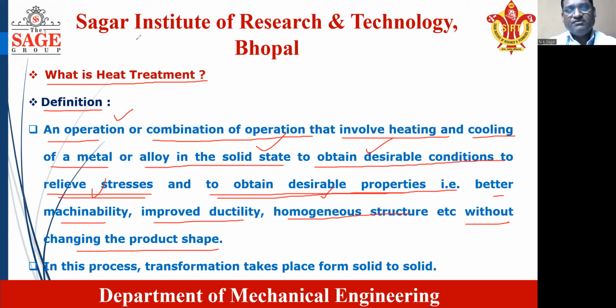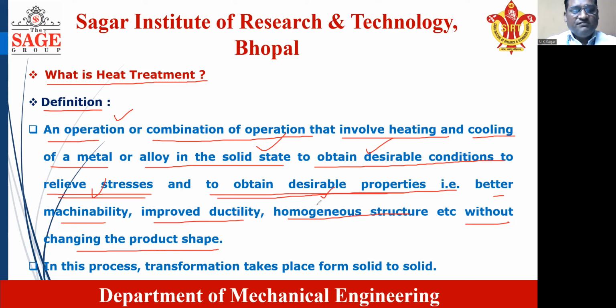And in the example, we have seen that the properties of the material are changed. Before adding heat, the material was ductile, right? But after the heat treatment process, the property of the material, that is hardness, is increased.